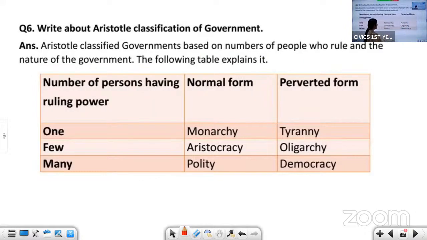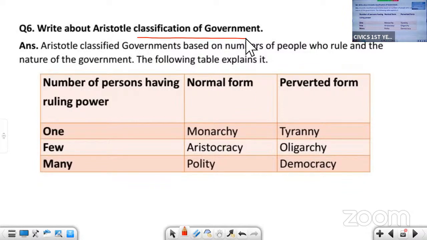Now, let us see the next question, that is classification of government. See, we have seen government of different types, like presidential, parliamentary, then unitary, federal, then we have monarchy, aristocracy, oligarchy.